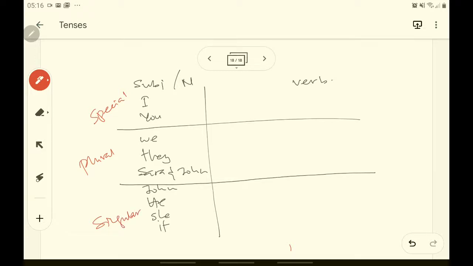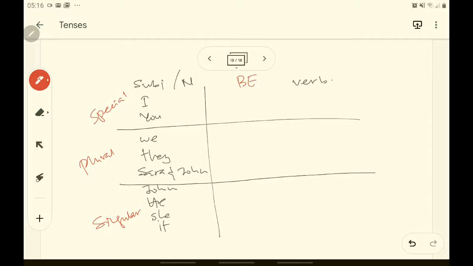If you still remember our past continuous, you may notice that whenever we use continuous tense, you have to use the be verb.